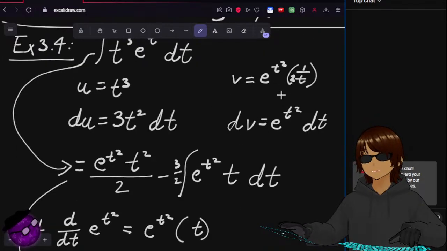Is this derivation correct? I don't think this derivation is right.